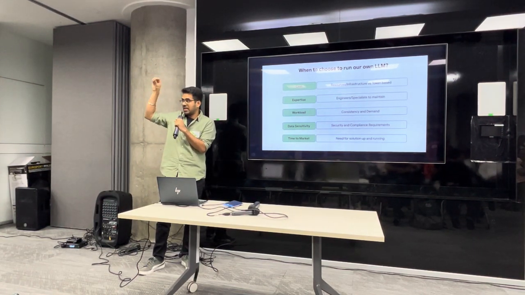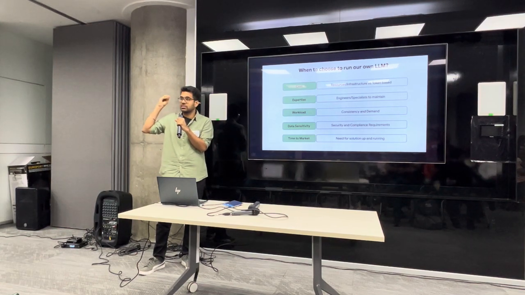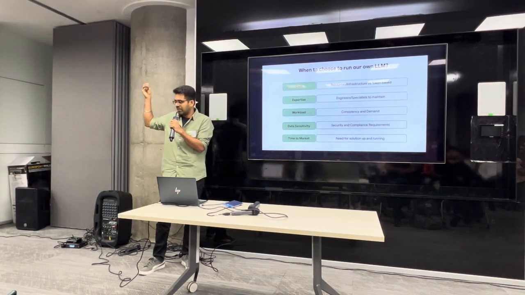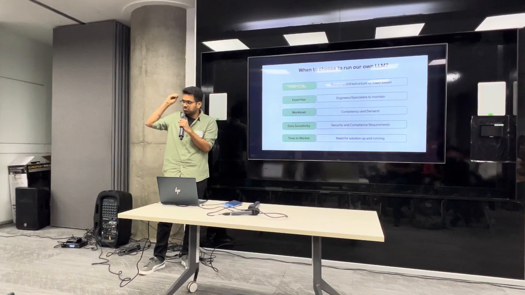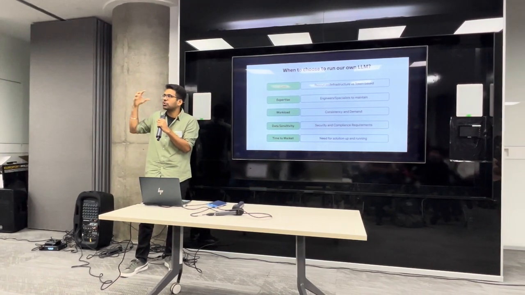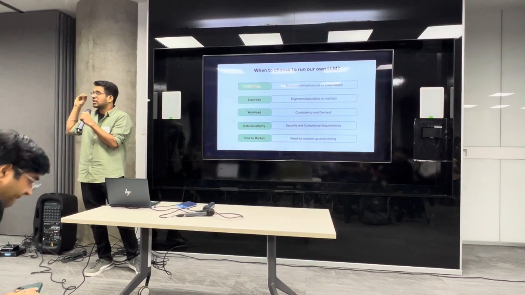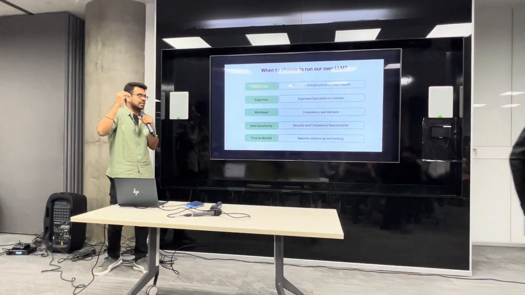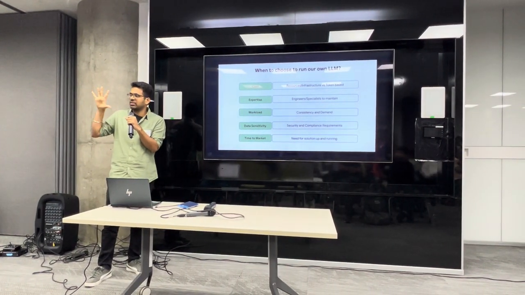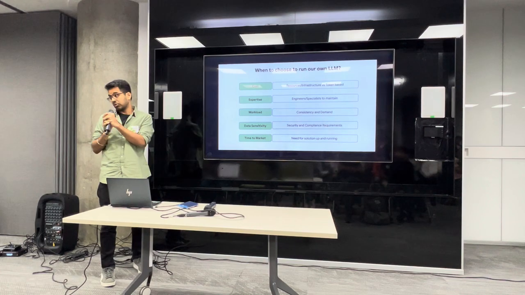Now that's going to be another pain area for enterprises or businesses in the medical industry or companies following GDPR, etc.: where is my data going? If you spin up your own environment in your own required region, you get your own control over the sensitivity part too, and time to market.